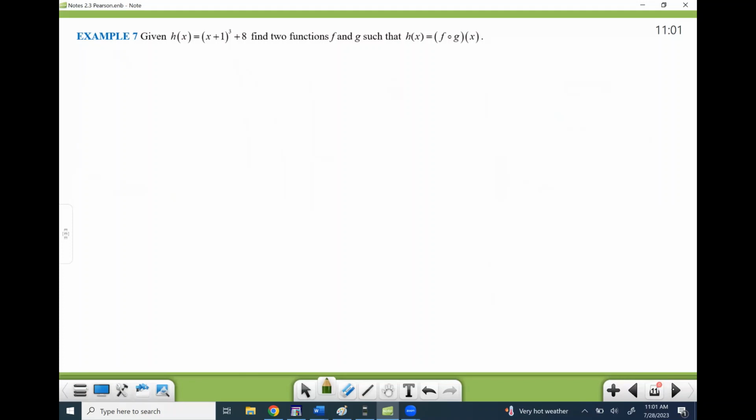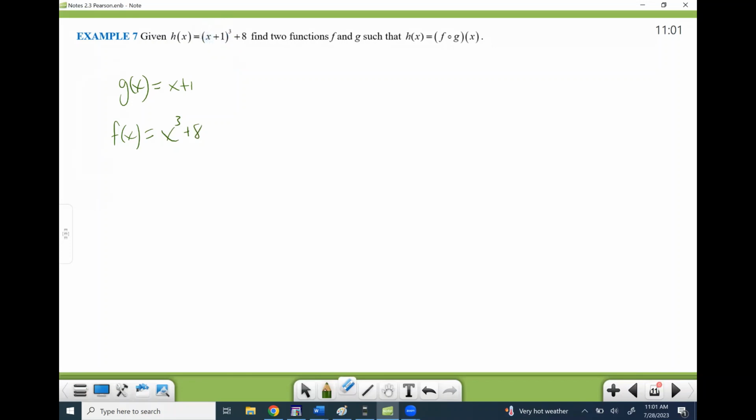All right, so the one that we're hoping that you would see, again, it's f with g inside of it. So we're going to let g of x be the innermost. I'm looking at this x plus 1, and I'm thinking that should be g. And then for f, if we let that x plus 1 just become a big X, then it would be x cubed plus 8.